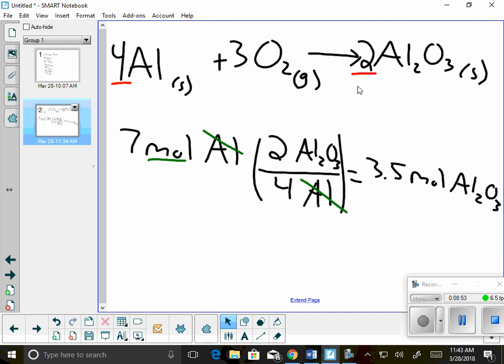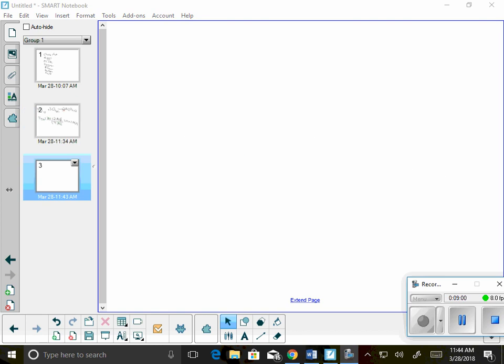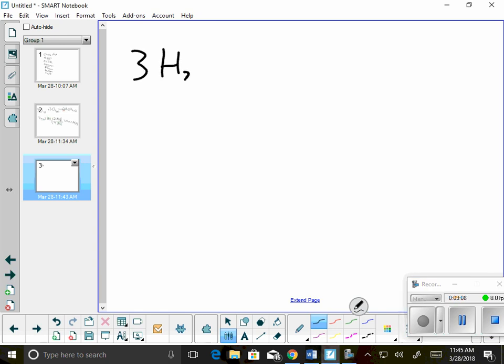Why don't you take a minute to write down the balanced equation for question number 2. To help us time-wise, 3H2O, which if it says steam is a gas, plus 2Fe, iron's a solid.